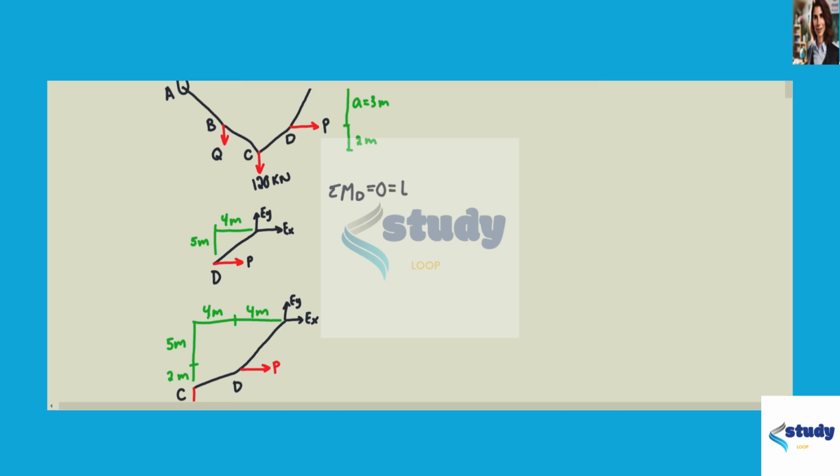This will be positive EY times 4, because there's 4 meters in the horizontal direction between D and E, minus EX times 5, because there's 5 meters in the vertical direction between D and E. Solving for EY, this is 5 over 4 EX. We're going to use this equation later on.